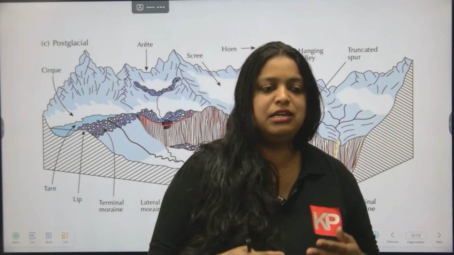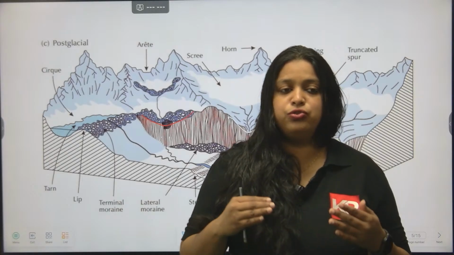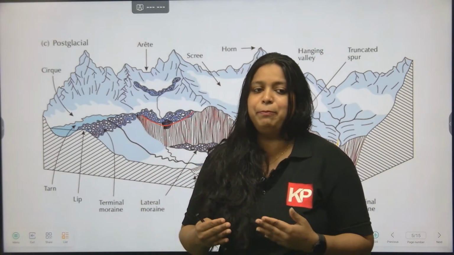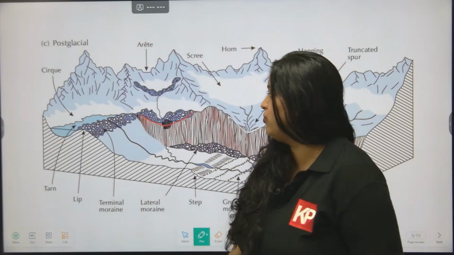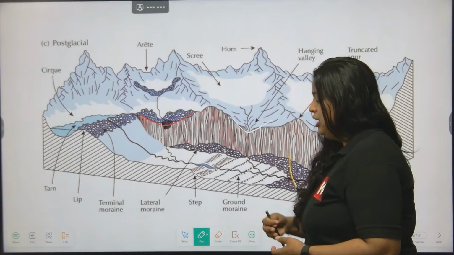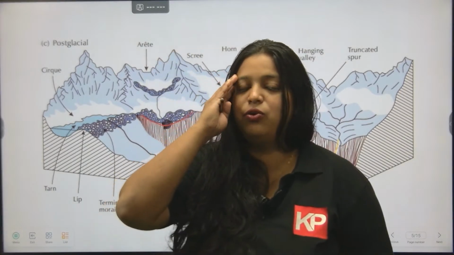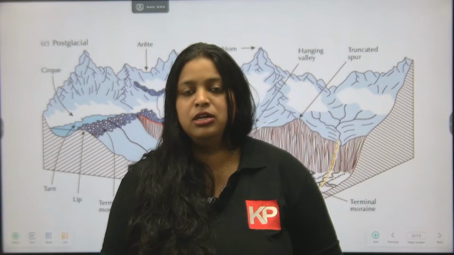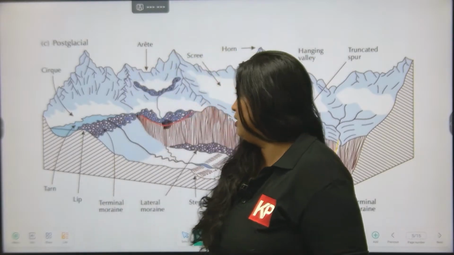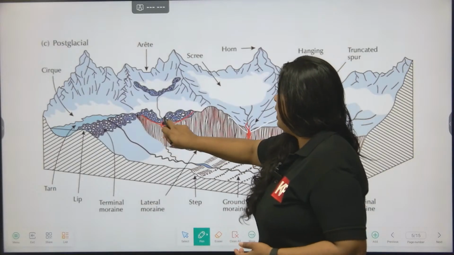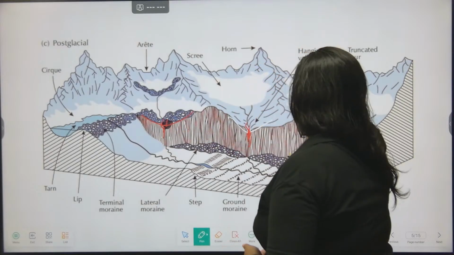A hanging valley is a tributary valley whose floor sits above the floor of the main trunk valley. If there is glacier present on the hanging valley, we call that a hanging glacier. During summer, because of melting of glacier, waterfalls can happen along these hanging valleys.